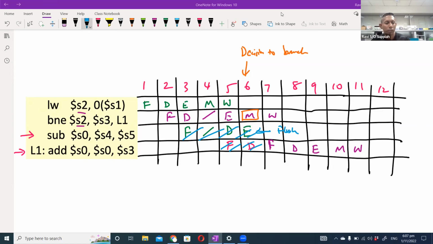If there's a question on branch, we will definitely specify whether it is the default design or an early branch predictor.